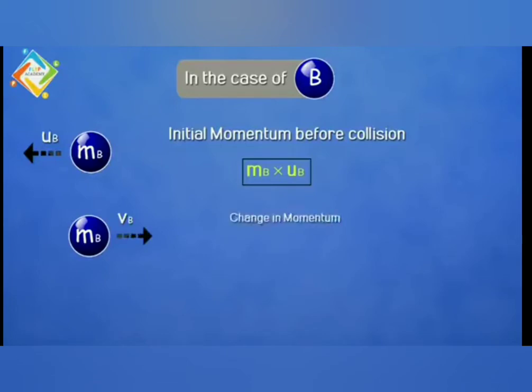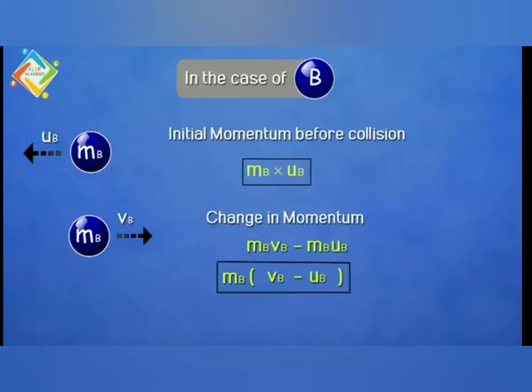So the final momentum now becomes MB into VB. If we have to calculate the change in momentum, it is given by MB VB minus MB UB. If we take MB common, inside the bracket it will be VB minus UB.